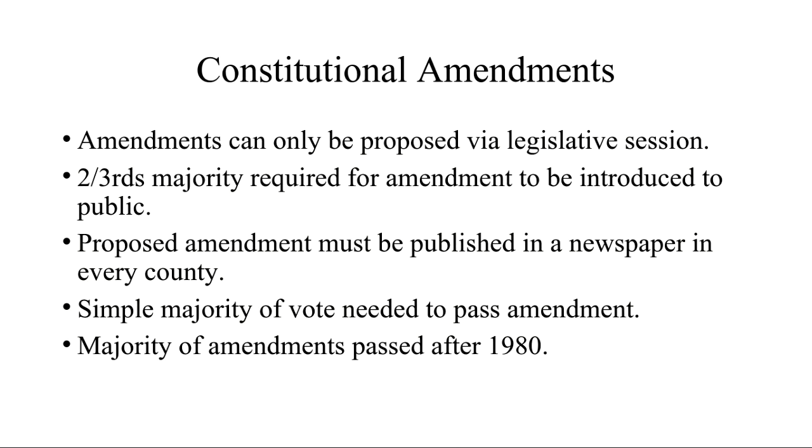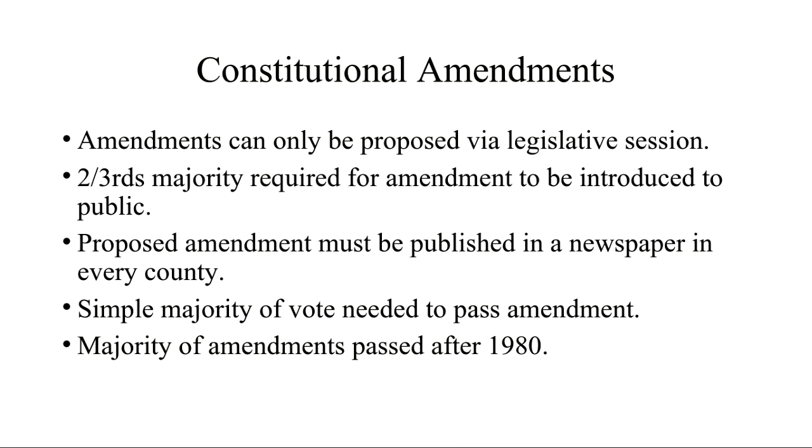If the legislature wants to approve or introduce an amendment, a 2/3 majority in both chambers is required. So you need 2/3 of representatives and 2/3 of the Senate for it to get introduced to the public. If it meets that threshold, the proposed amendments have to be put in a newspaper once a week in every county 4 weeks prior to the election.